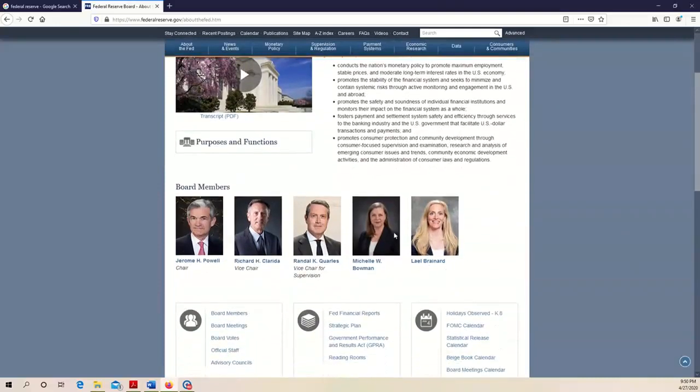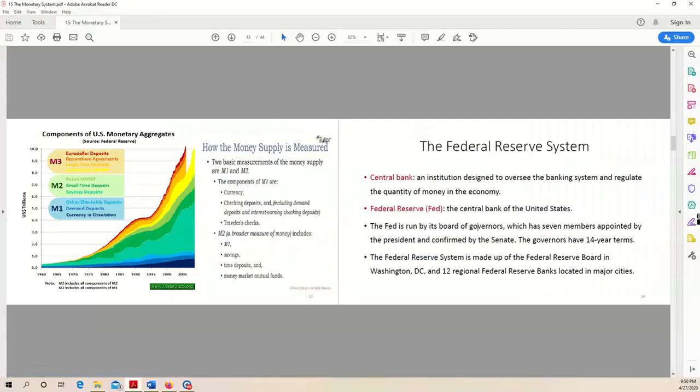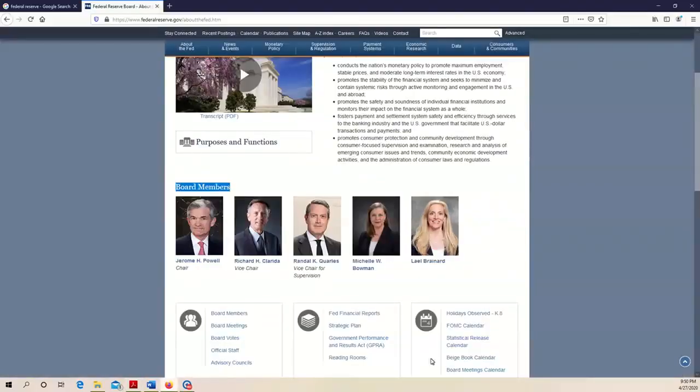So currently, there are 7 board member seats, but recall this slide here. There are supposed to be 7 members, but as of now, there are only 5 confirmed sitting members on the board. The leader is called the chair of the Board of Governors, the Federal Reserve Chair, Jerome Powell, and 4 more members.